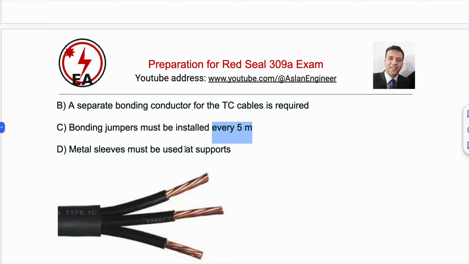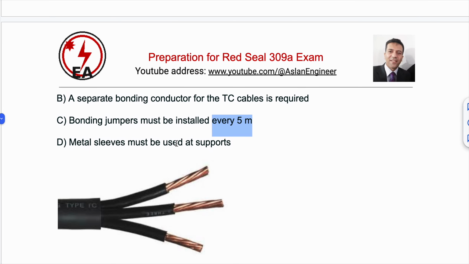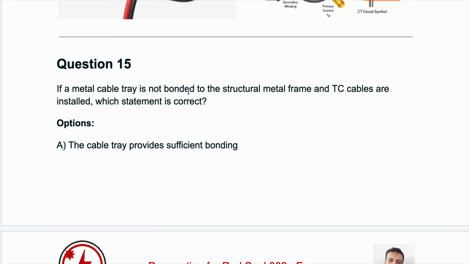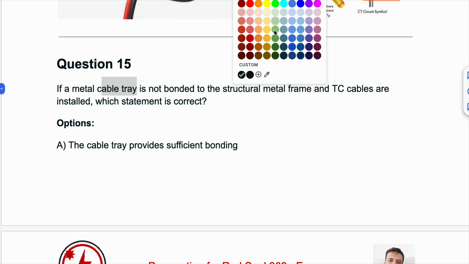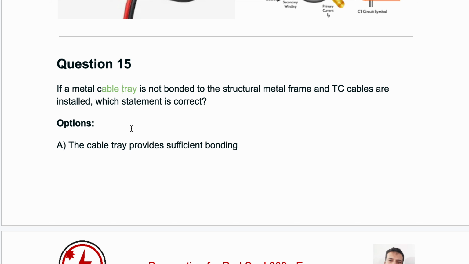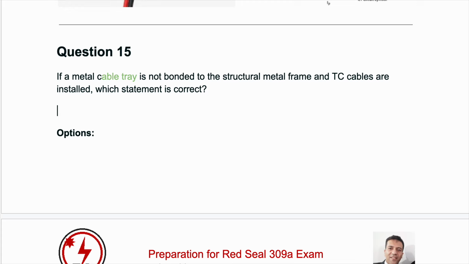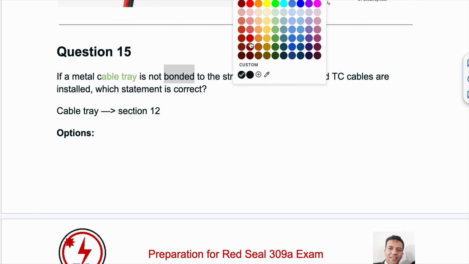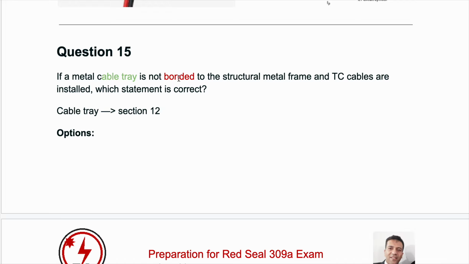Let me go to the Canadian Electrical Code book. It's about cable tray. You can find out about cable trays in section 12. So when we refer to section 12, we need to search for bonding of cable trays, or maybe we can find something about TC cables.